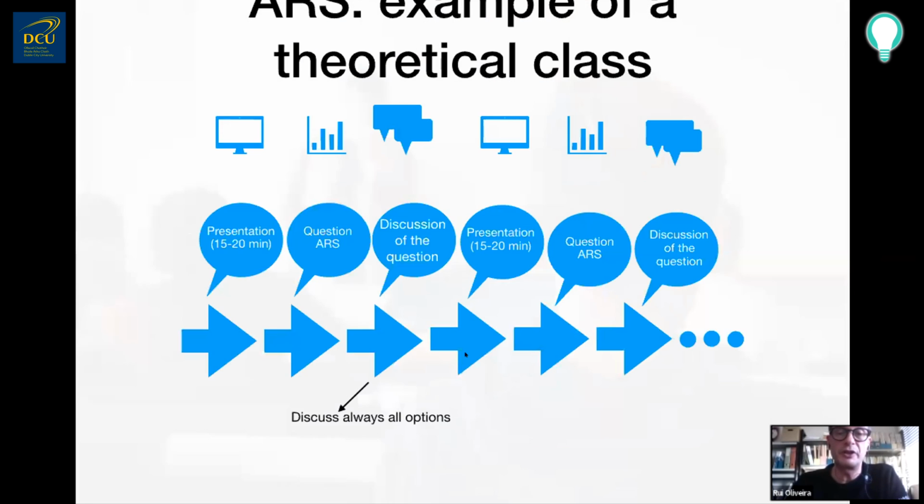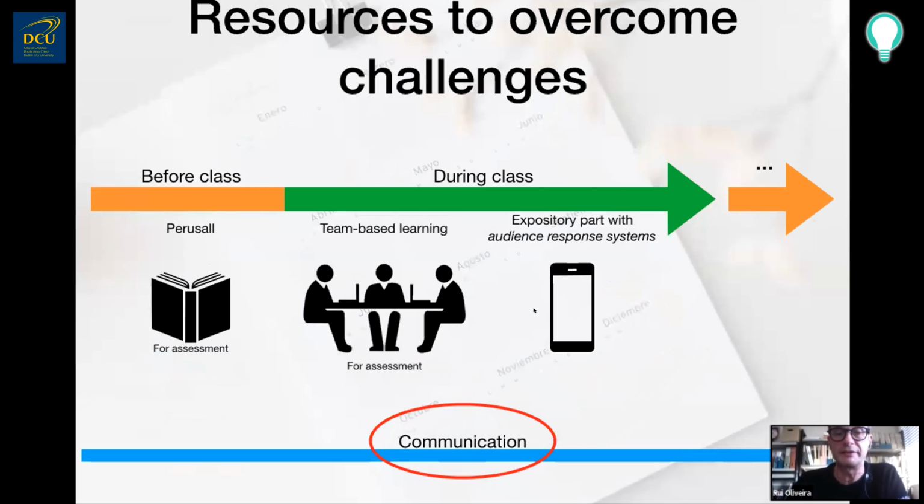During this expository part, I presented the subjects for a short period, and then I launched questions for the cell phones for the students to answer anonymously, and then we discussed the results, the answers of the students. And then another short presentation, another question for the cell phones, another discussion. And this was the pace of the expository part of the classes.